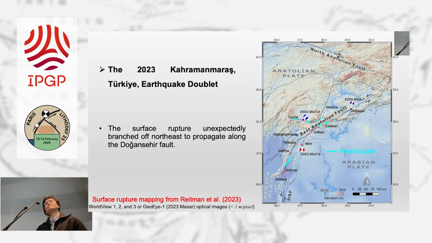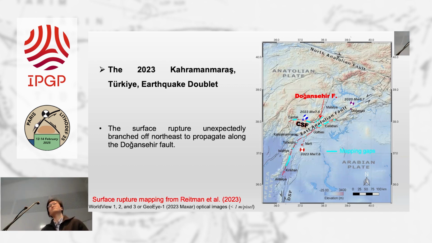The first one, magnitude 7.8, struck the East Anatolian Fault. Nine hours later, the second one struck the Cardak Fault. To the west of this fault, the rupture unexpectedly branched off to the northeastern direction along the Doğanşehir Fault.